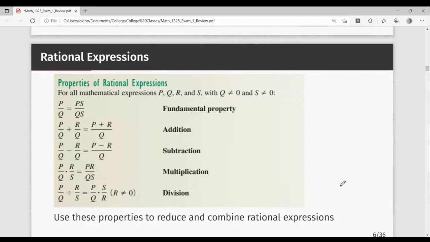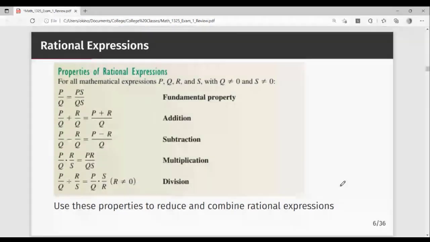Okay, now for rational expressions. There are a couple of properties of rational expressions that we have to keep in mind when we're simplifying these things. We have this fundamental property that you can multiply by a fancy version of 1.